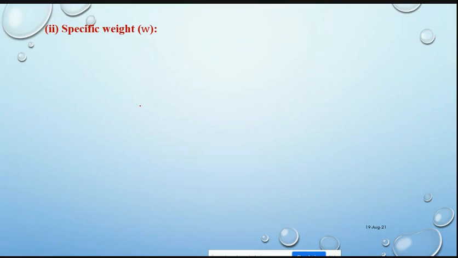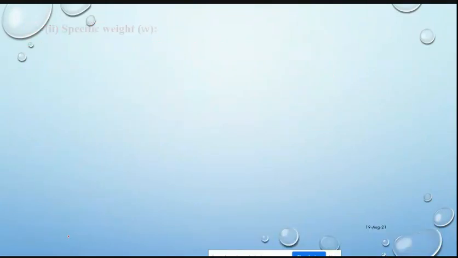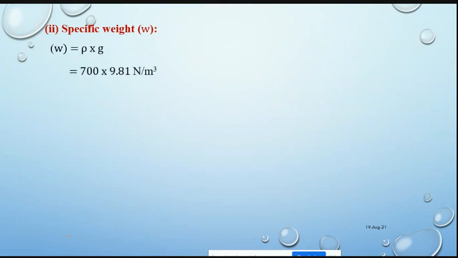The density of liquid is 700 kilogram per meter cube, so you can use this value. Density is 700 and gravity is 9.81. The unit for specific weight is Newton per meter cube.